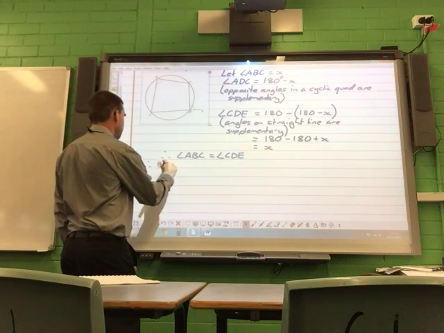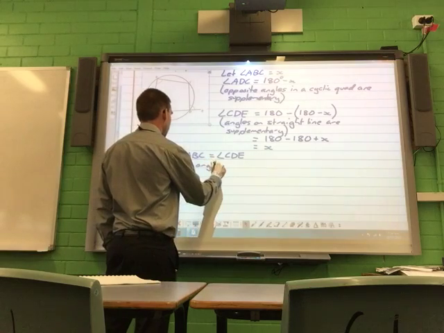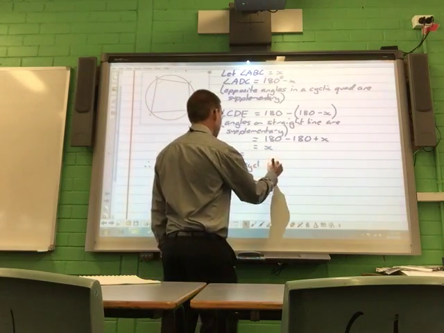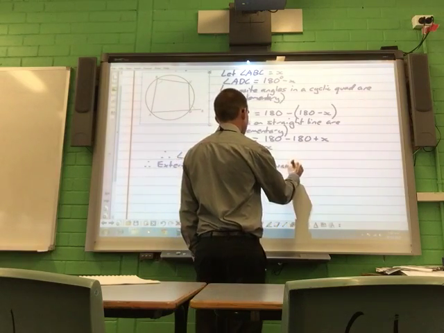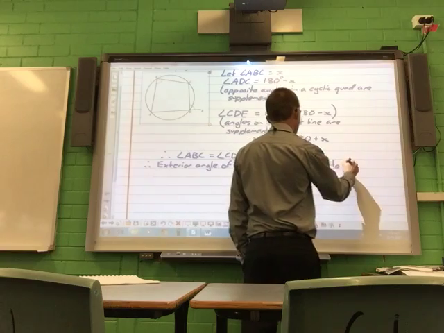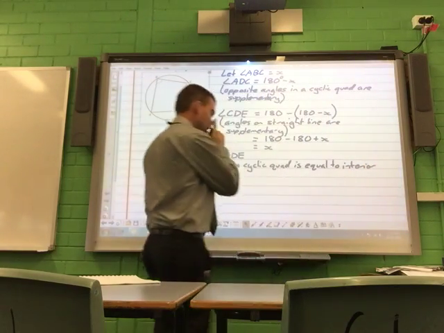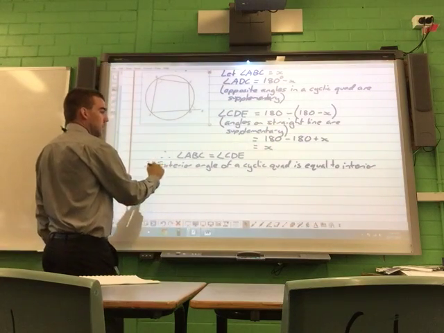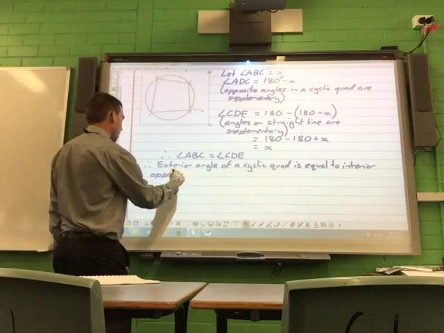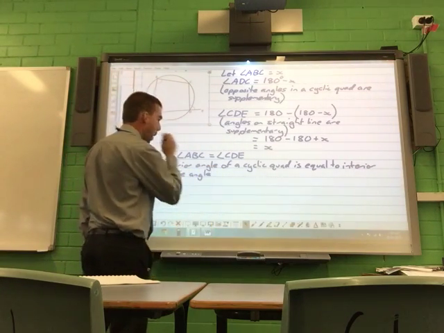Therefore, the exterior angle of a cyclic quad is equal to interior opposite angle.